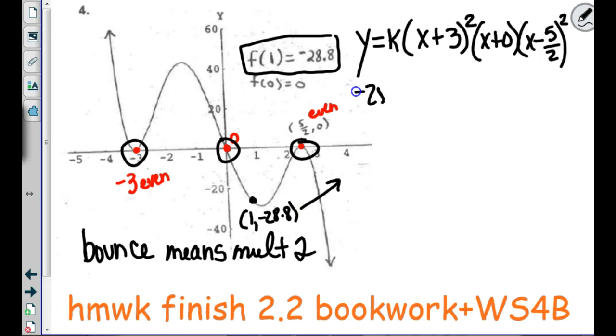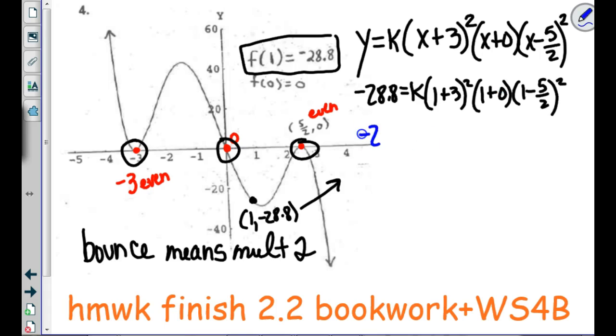We'd have -28.8 equals k times 1 plus 3 squared times 1 plus 0 times 1 minus 5/2 squared.